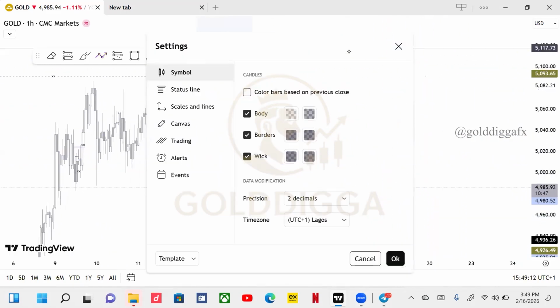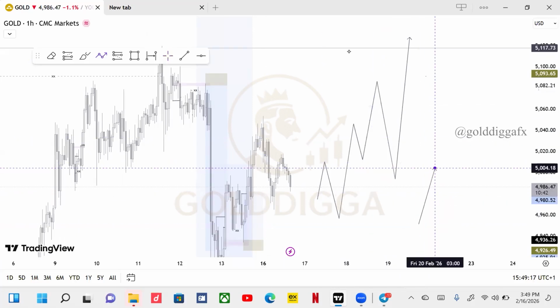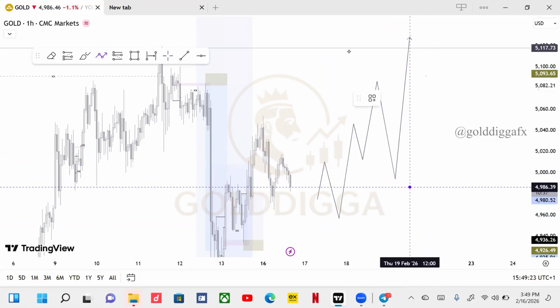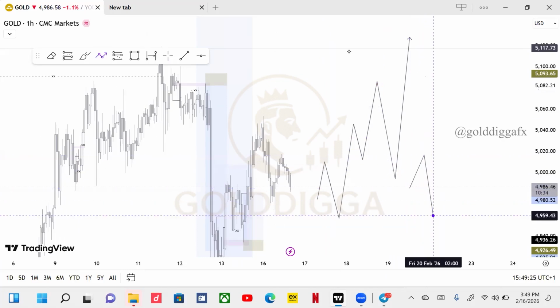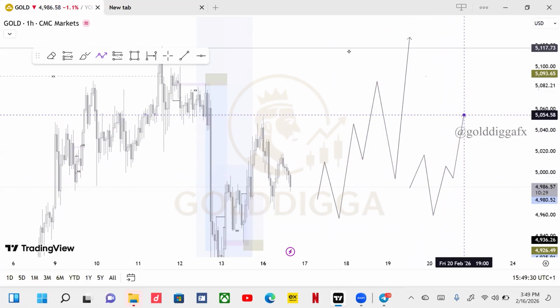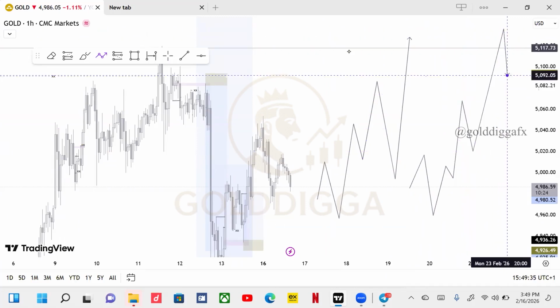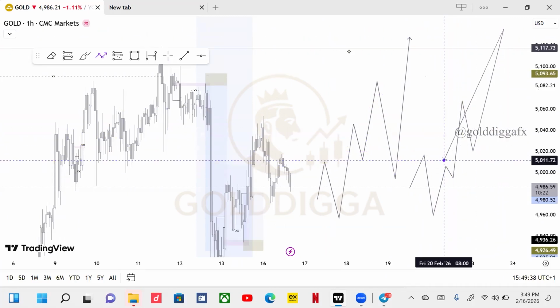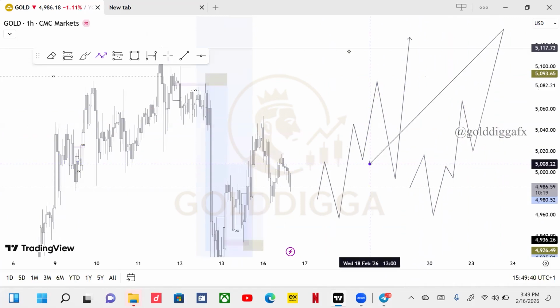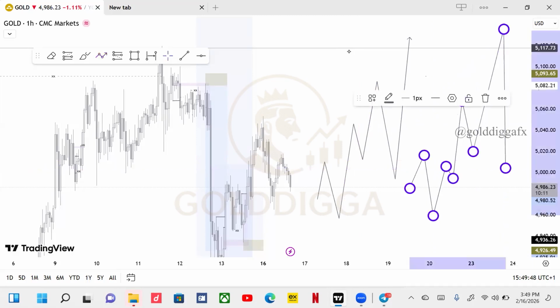On the 3 minutes, there was something here, and on the 3 minutes it looks like this. Then it just means that the 3 minutes is giving me this double break, and 5 minutes is giving me a single break. It depends on how it looks on each, because every time the chart prints different stuff. So it depends on how it looks.